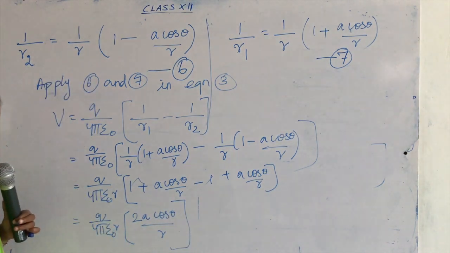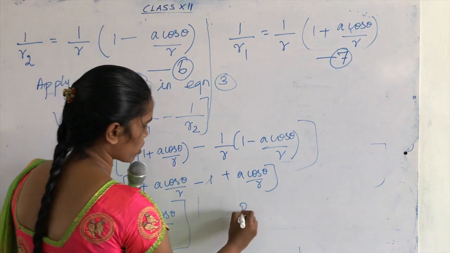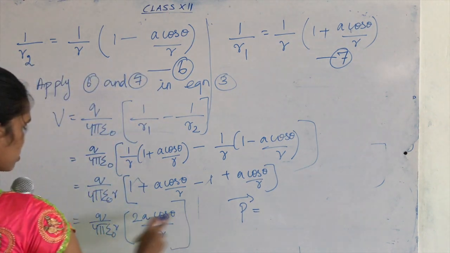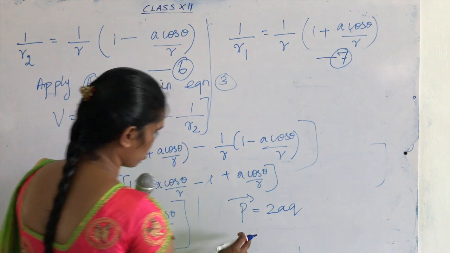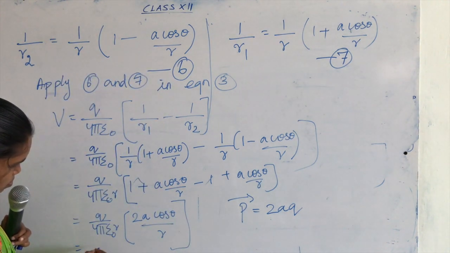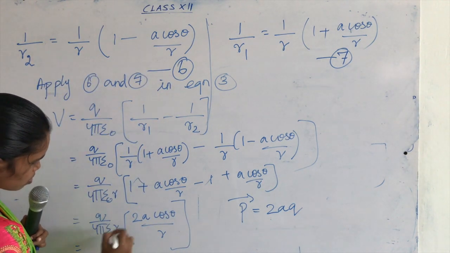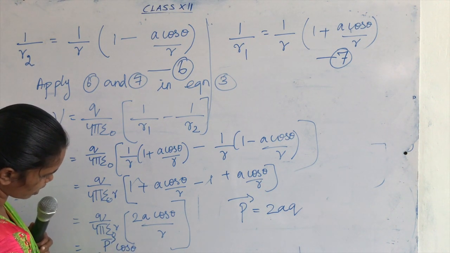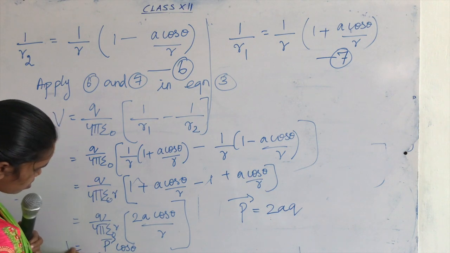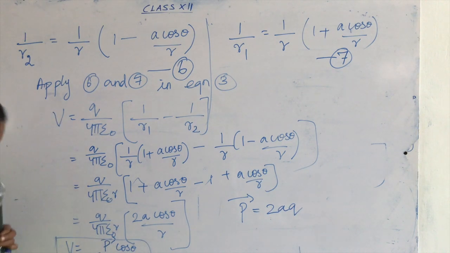Now we know one expression for p vector, 2aq. Now replace it. This r comes here. P vector cos theta by 4 pi epsilon 0 r square. This is V. This is the final answer for electrostatic potential at a point due to an electric dipole.